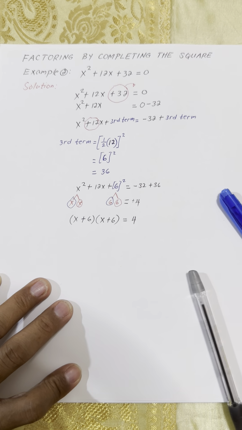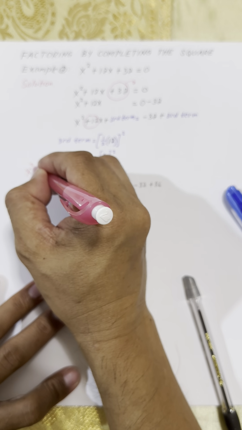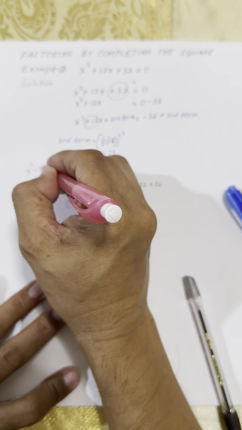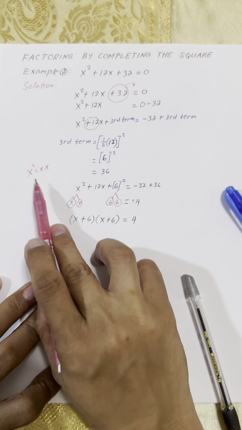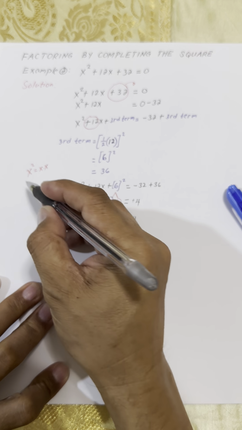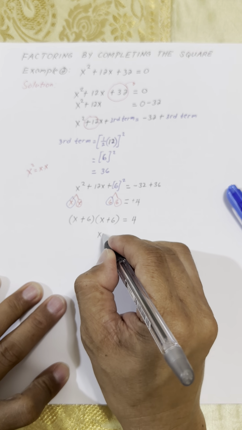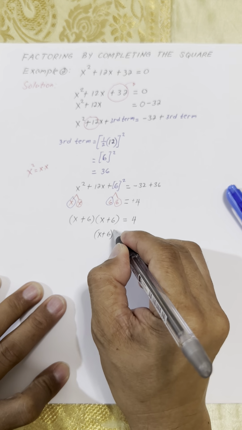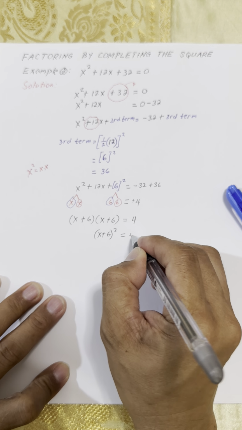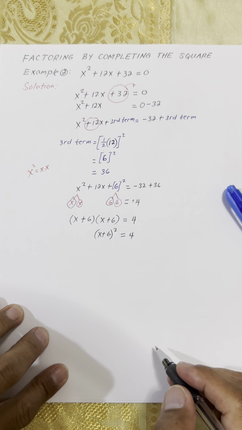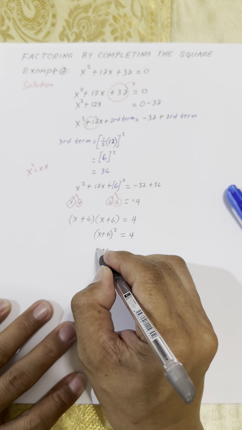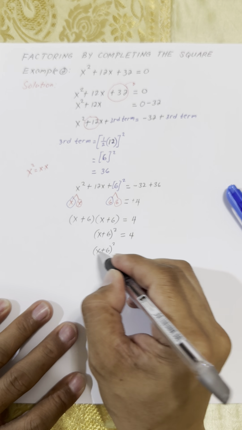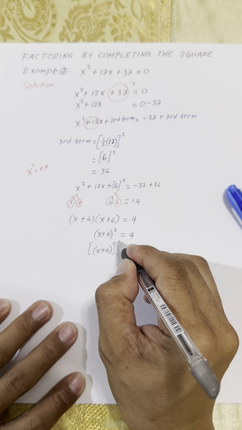And from the laws of exponents, if you are given x squared, this is the same as x times x. So in other words, this can be written in this manner, following this form. So we can write this as x plus 6 squared equal to 4. Okay? Then after that, the next step is to raise both sides to a power 1/2. So raise this to power 1/2.